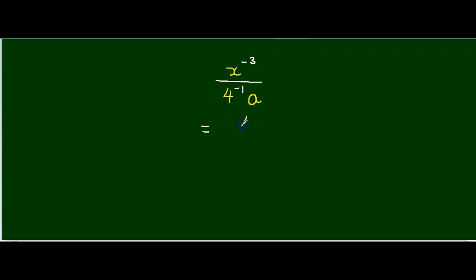So our 4 now goes to the numerator, and that gives a positive 1 over my x goes in the denominator, and it becomes a positive 3 in the exponent. And because our a has a positive exponent, that remains in the denominator. So that simplifies. 4 to the power of 1 is 4 over x cubed times a.